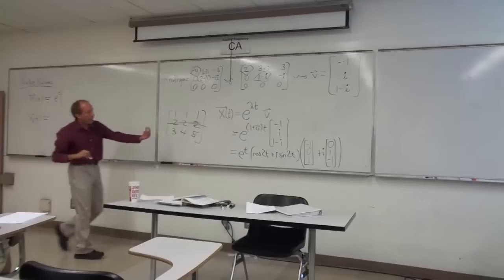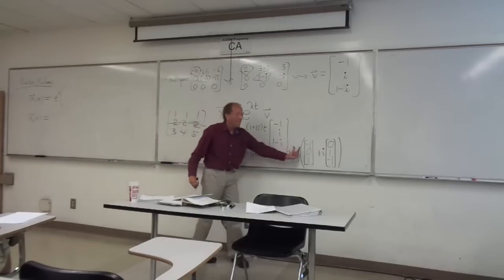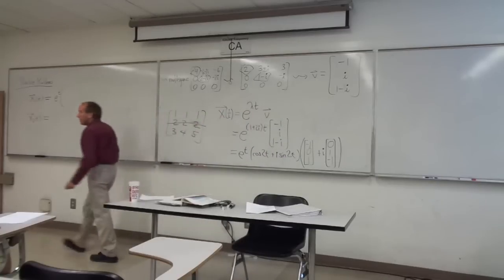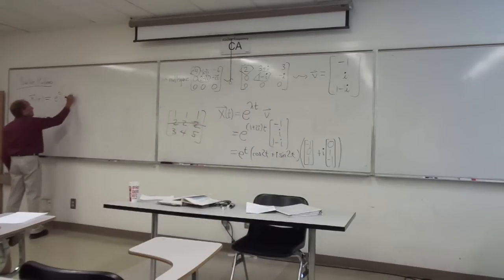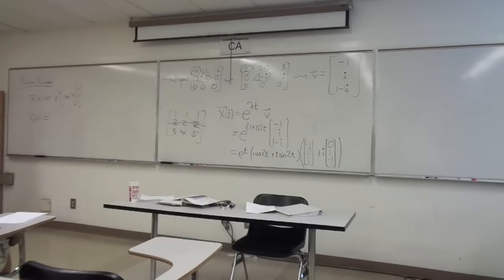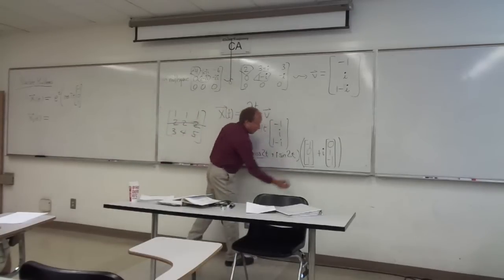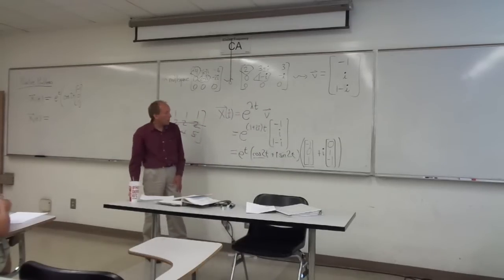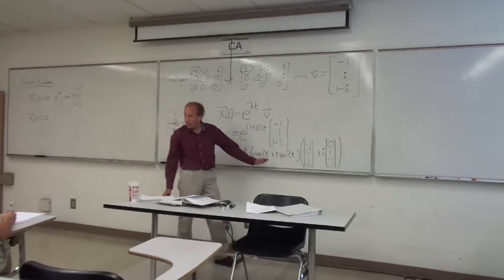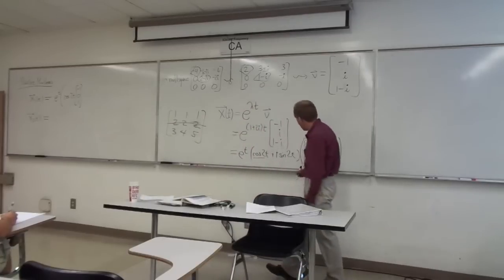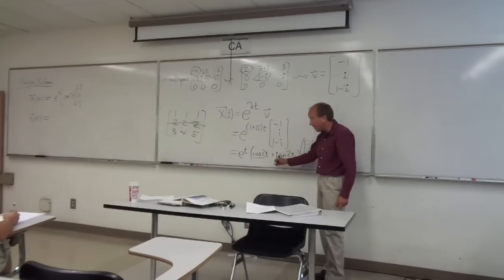And then I'm going to take cosine of 2t times negative 1, 0, 1. There's no i in there, right? So cosine of 2t, negative 1, 0, and 1. So that's this part times this part. And then I'm going to do the last terms.